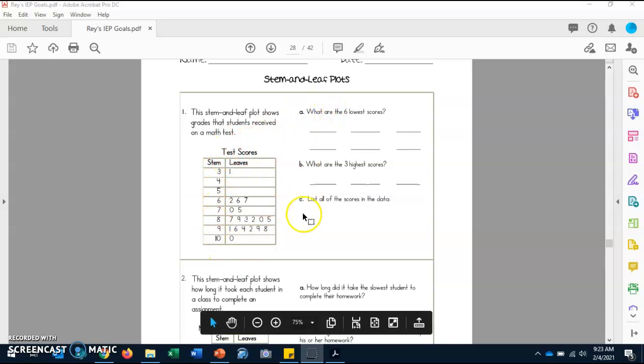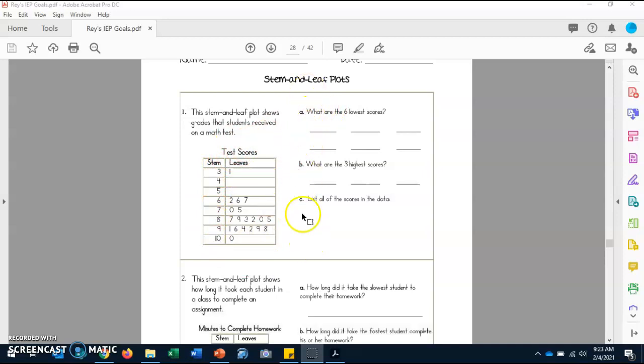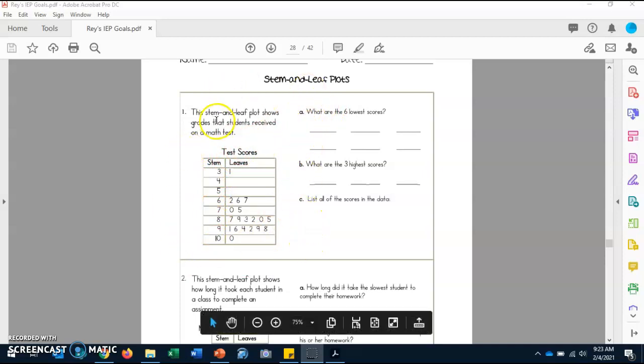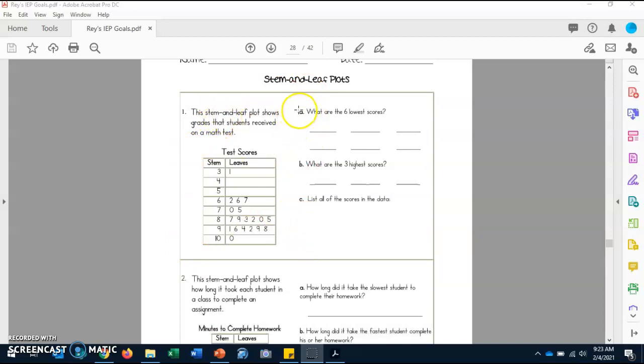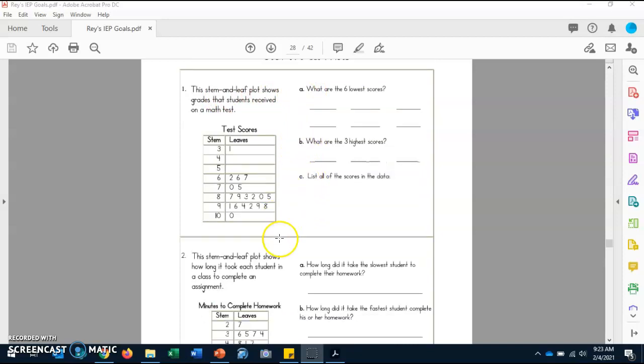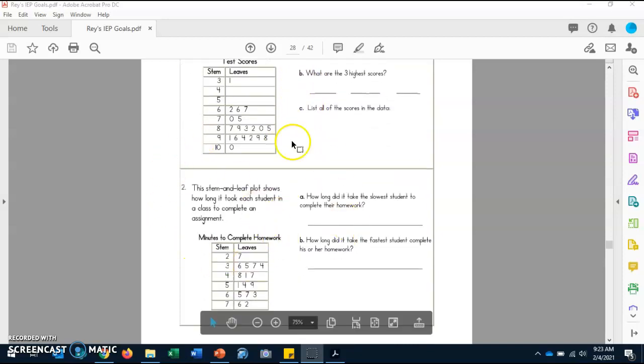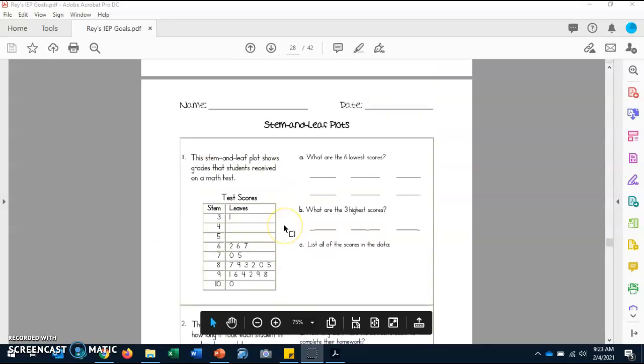And then we have 3 letter questions over here. So we have 3 questions for this particular question. I will be doing letter A with you, and you can work on letters B and C on your own. The same you will do for this question. You will work on letters A and B on your own.